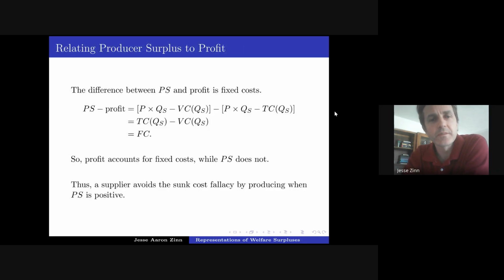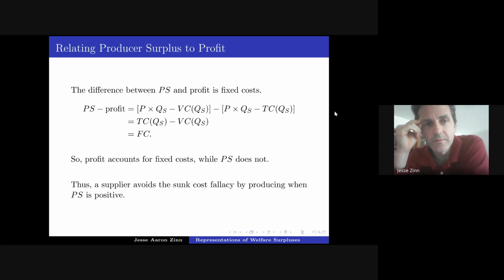Now, with this approach, we're defining producer surplus as revenue minus variable cost. It allows us to see how producer surplus relates to profit, right? Because we can easily subtract profit from producer surplus and find that it's fixed cost, which you can see in that set of equations there.